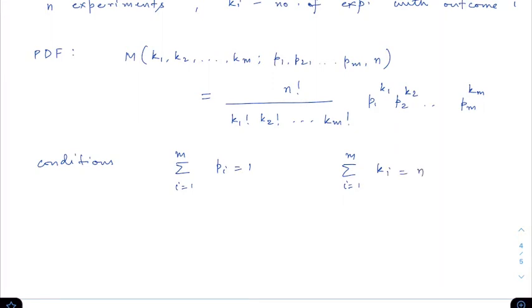Now, a more condensed form in which the multinomial PDF can be written is, let's say we define a k vector and a p vector, and we write this using the product sign to simplify it and write a general term there.